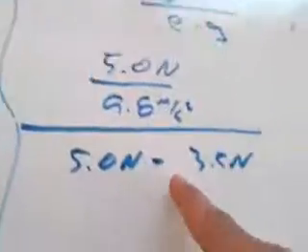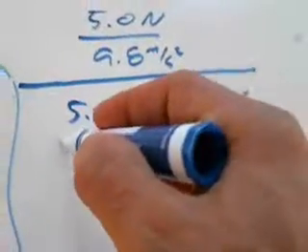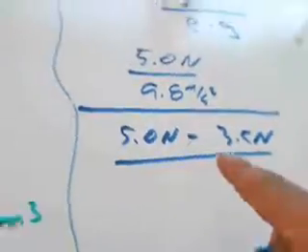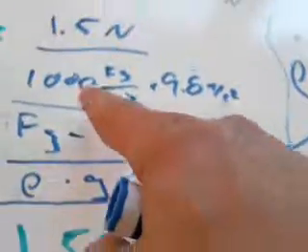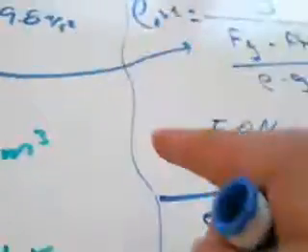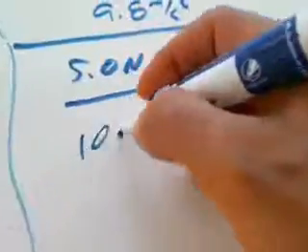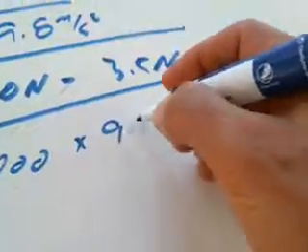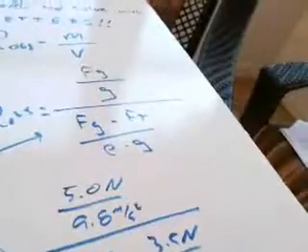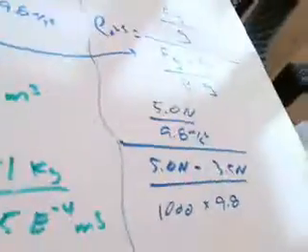So all I did was put those there, and then I'm going to divide it by what we divided by over here, the rho times g. So this is going to be 1,000 times 9.8. Now when you do this math, what I would do is use parentheses.